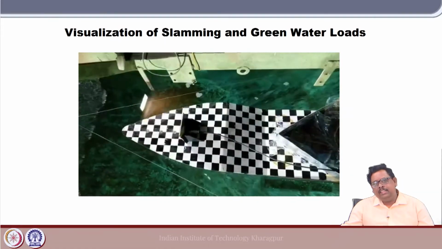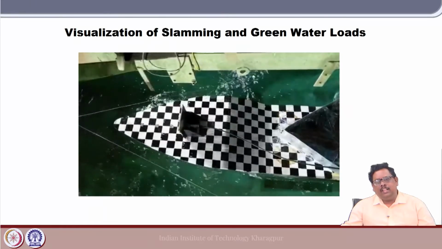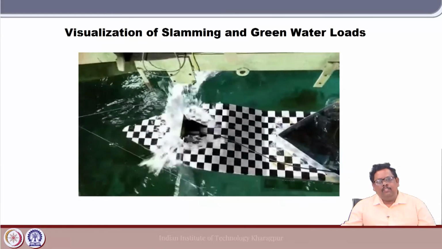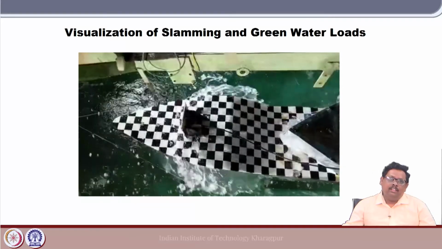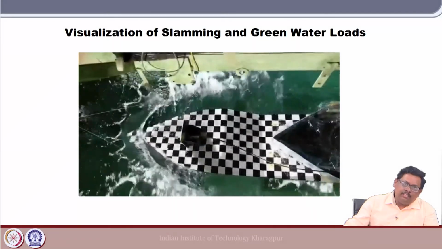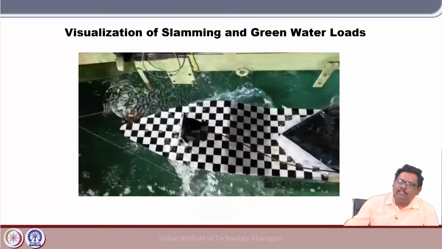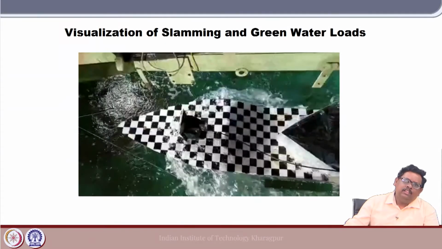Now, let us see what green water is. Here also you can see that a wave is coming and hitting the main deck, and that is also very rough. In fact, this sometimes leads to structural damage of the ship. So considering these two phenomena, slamming and green water, is really very important.